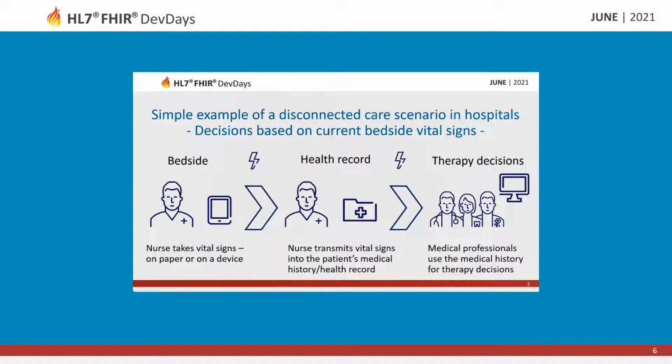On the left, a nurse takes vital signs on paper or on a device, and then this data needs to be stored for medical documentation purposes in another system. So it needs to be transmitted to some kind of health record where the patient's medical history is stored. And then on the far right, the medical professionals that want to use this data for medical decisions need to draw all of the available data needed for that into yet another system.